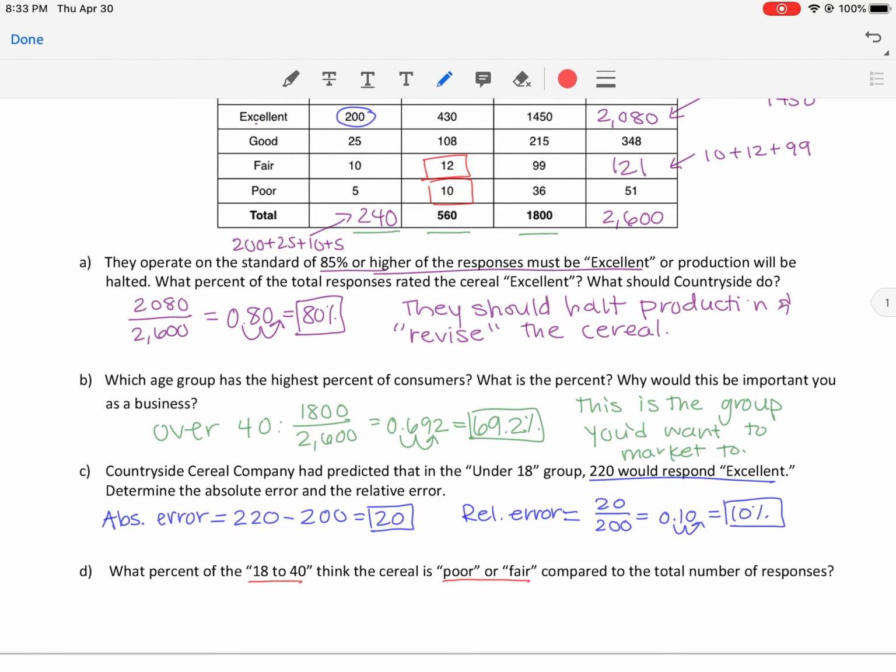There were 12 people who thought it was fair, and 10 people in that age group who thought it was poor. So that's a total of 22 people, out of the total number of responses, 2,600. Divide that and you get 0.008. Move the decimal to the right and you get 0.8%. All right, good luck with the assignment.